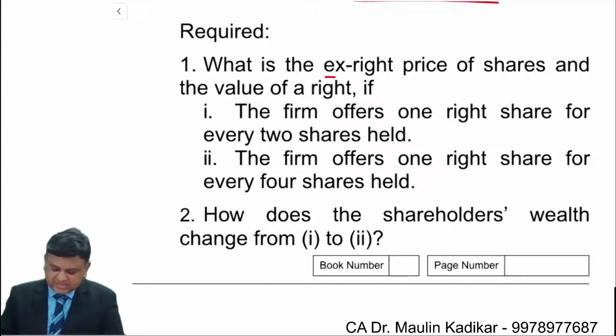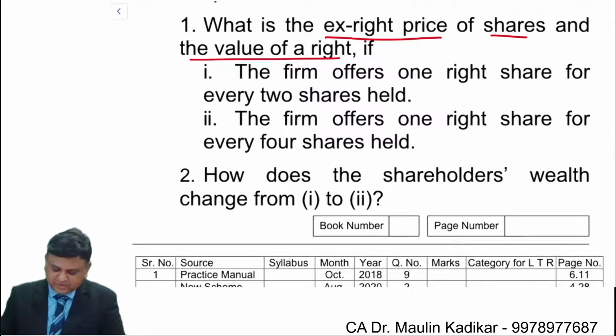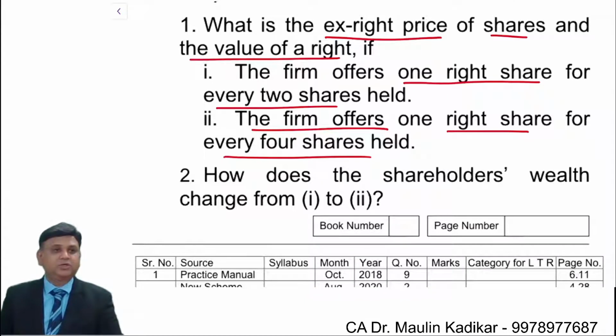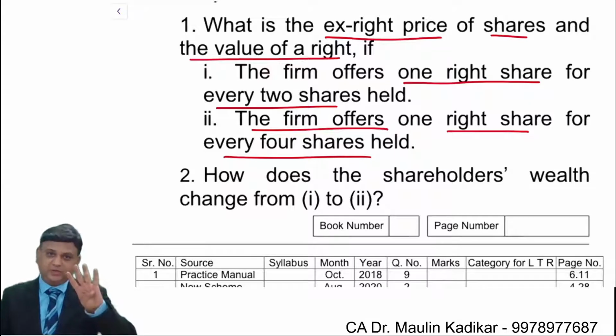First question is, what is the ex-right price per share and value of the right if the firm offers one right share for every 2 shares held? The firm offers one right share for every 4 shares held. So we can see that there are total 4 questions.